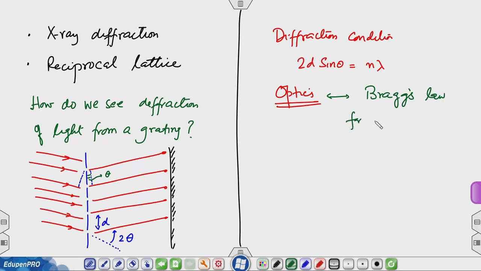For X-ray diffraction, you should not be surprised by seeing the same equation, because what we are really looking at is the constructive interference.